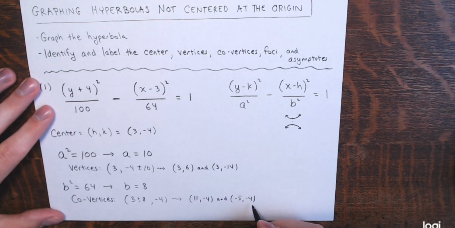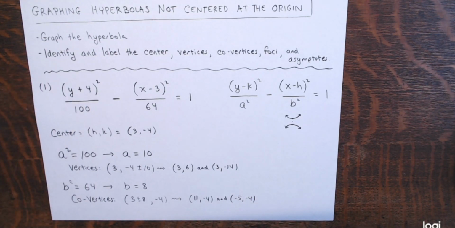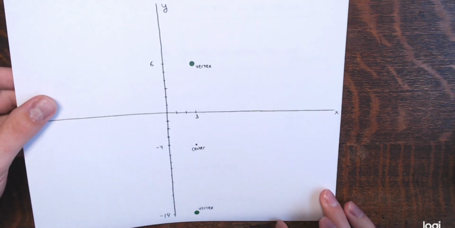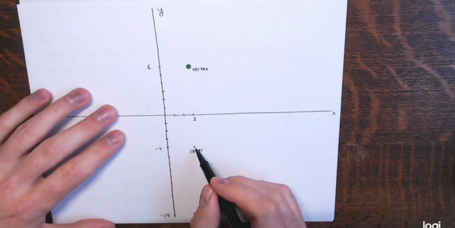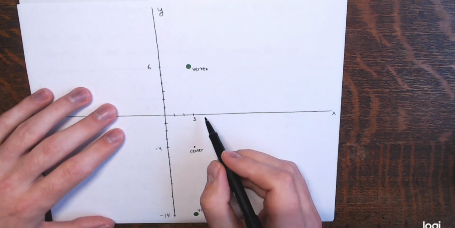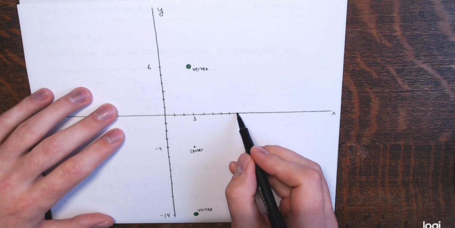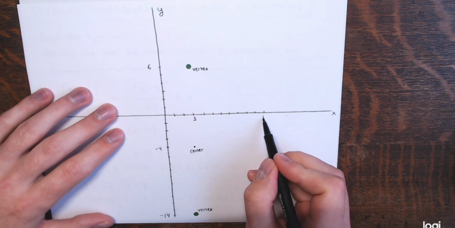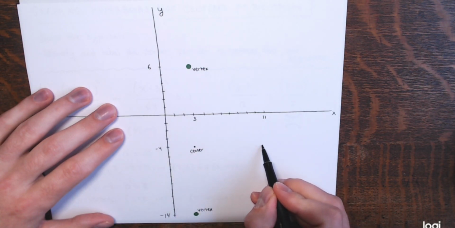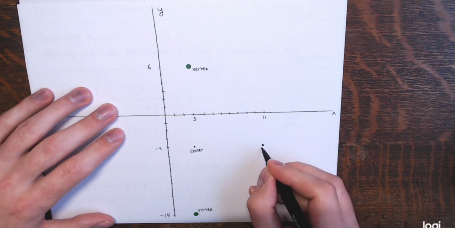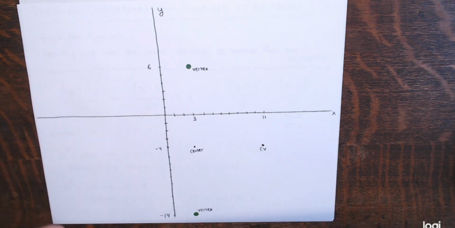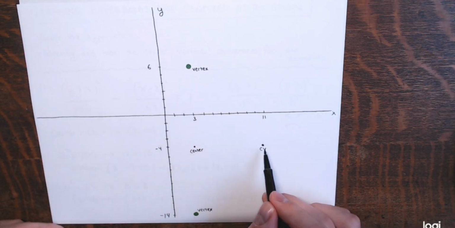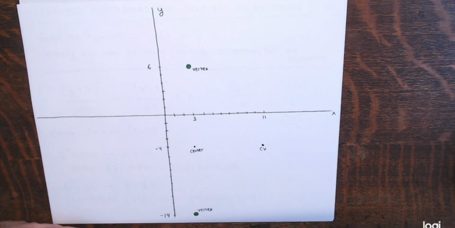And I'll plot those, but not in the same color as the vertices. So from the center, I go right 8 to 11, negative 4. All right, there's a co-vertex. I'm just going to put CV for co-vertex. I didn't make it very big, right? It's not actually a solution. And you can check it out. Plug in 11 for x and negative 4 for y, and the equation will not be true.